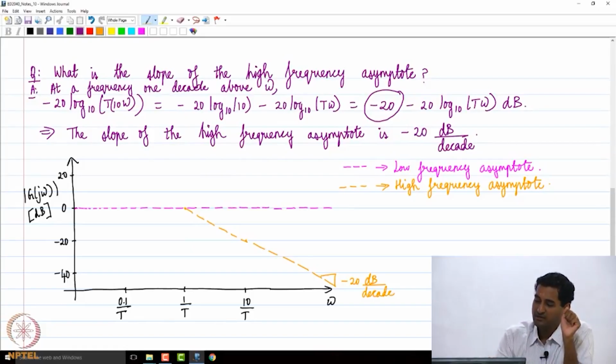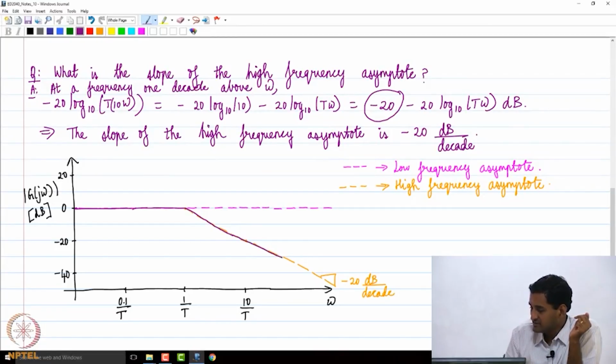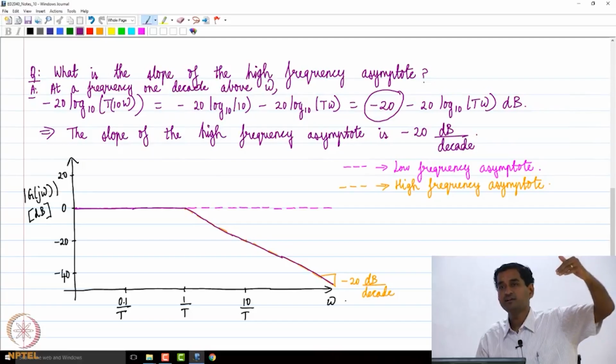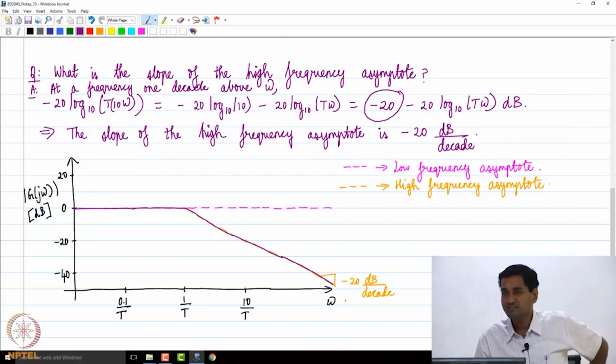So what I am going to draw is the first approximation, by a solid curve. The approximation of the factor 1 by Ts plus 1 is going to be this. It is going to remain 0 decibels till 1 by capital T, and after 1 by capital T, it is going to reduce at the rate of minus 20 decibels per decade.